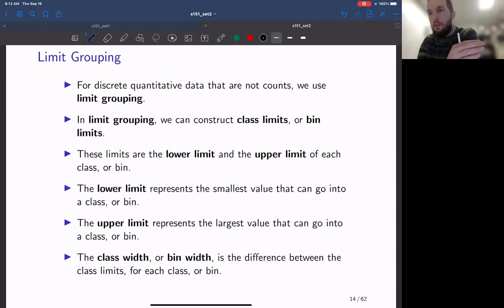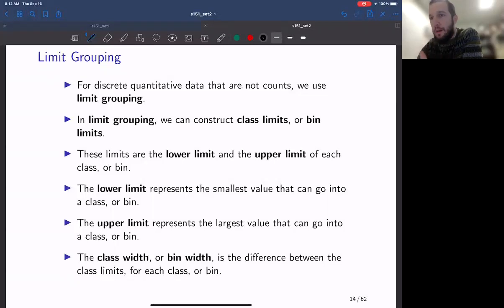Single value grouping is utilized when you have a lot of repetition and a low number of unique values. Limit grouping would be utilized in the opposite case, when you have low amounts of repetition, but a high number of unique values.